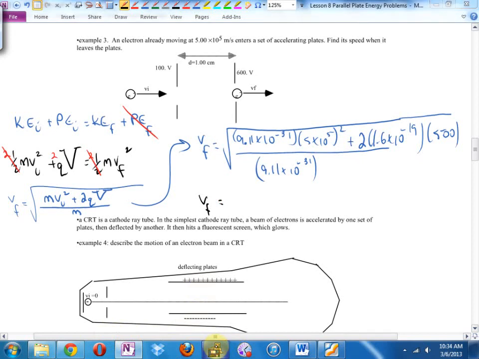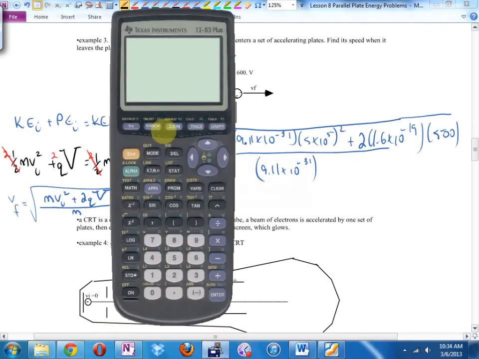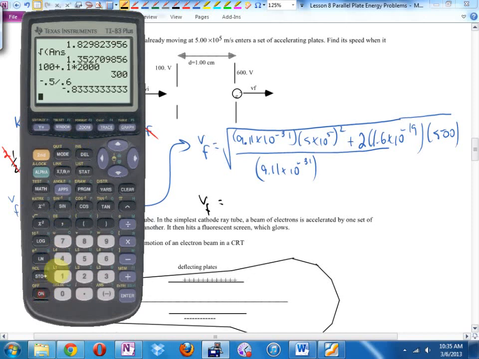Okay, I can do this. Divided by 9.11 times 10 to the negative 31.